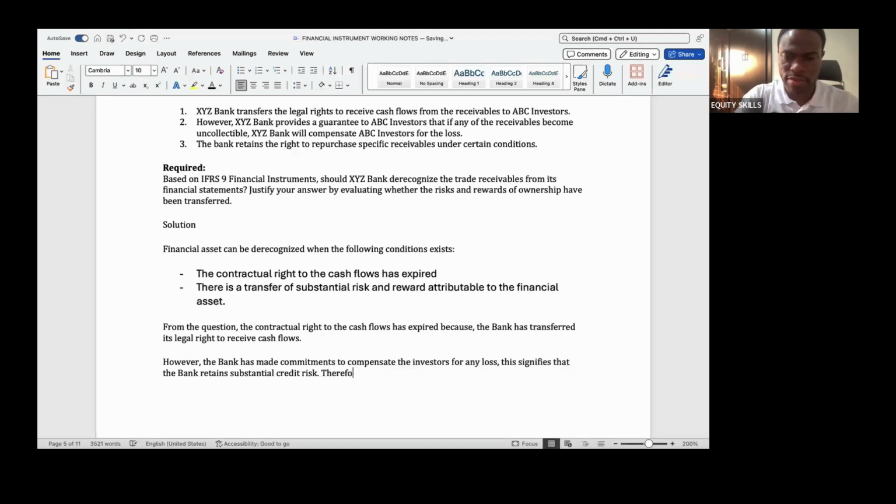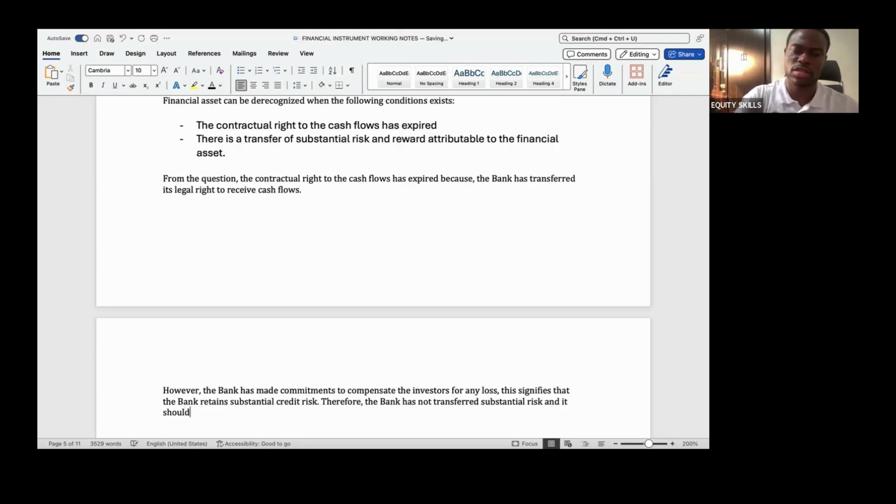Therefore, the bank has not transferred substantial risk, and it should not derecognize the trade receivable.